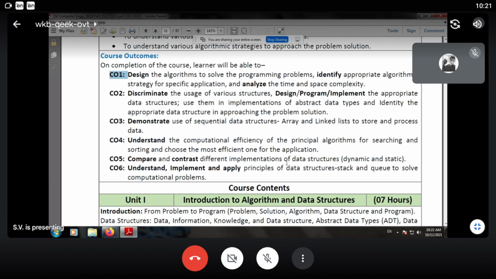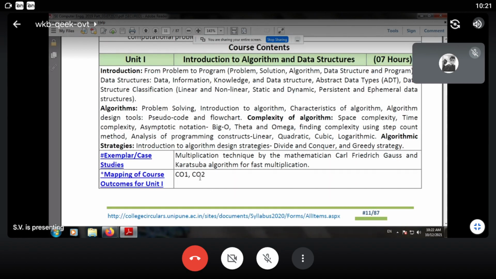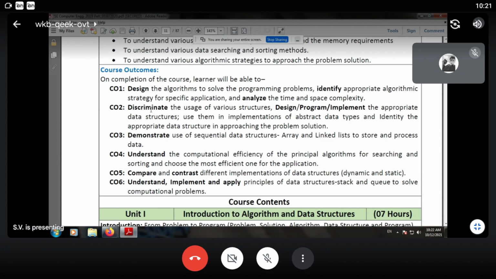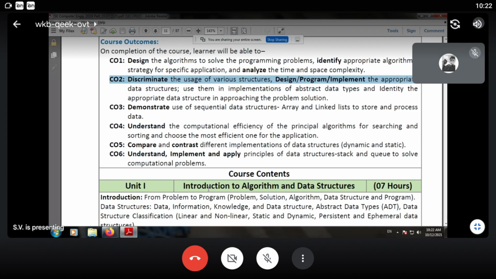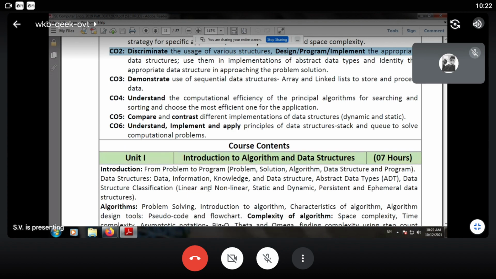Now you can see in unit 1 only there is a second course objective. So what is the second course objective? It is to discriminate the uses of various data structures. So upon data structures, we have known that there are sequential data structures, we are using arrays, or sometimes we will use static arrays, sometimes we use non-static arrays, sometimes we use linear data structures, sometimes non-linear data structures.